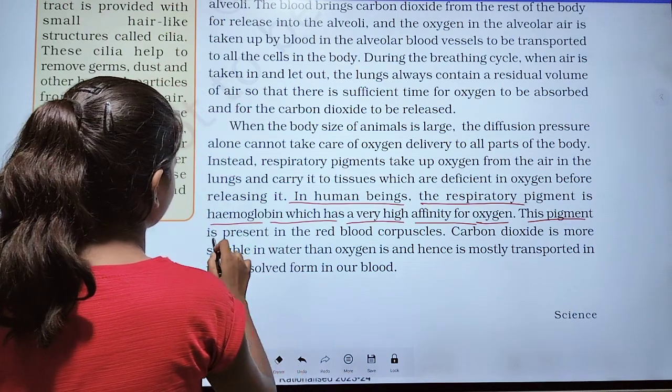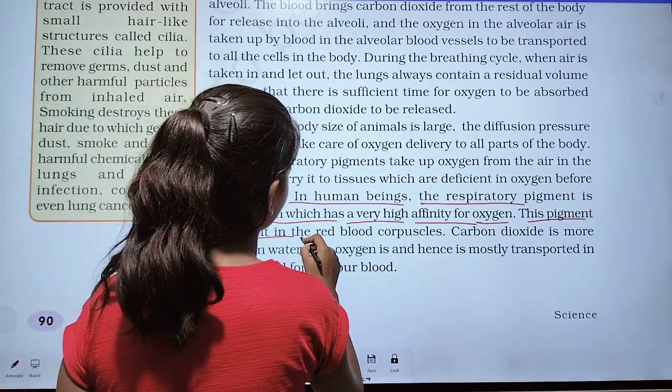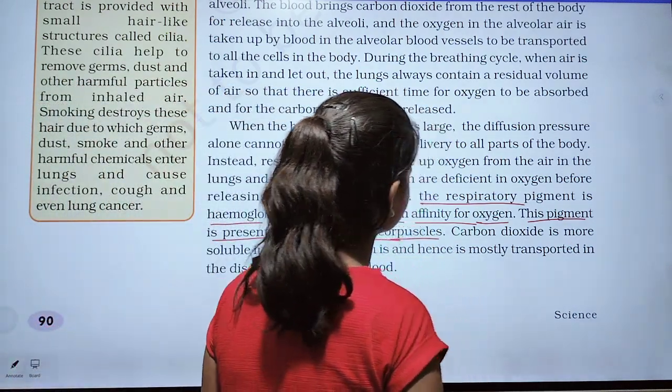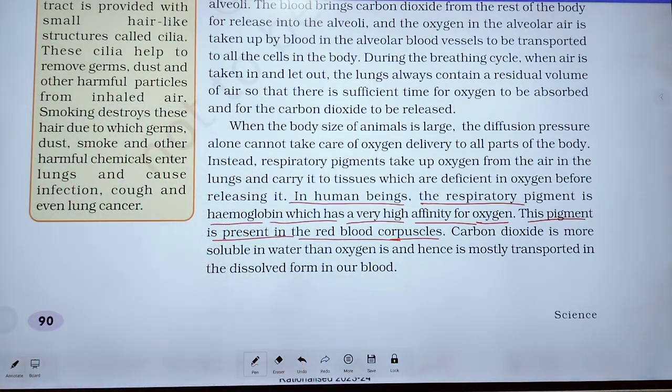This pigment is present in the red blood corpuscles, that is RBCs.